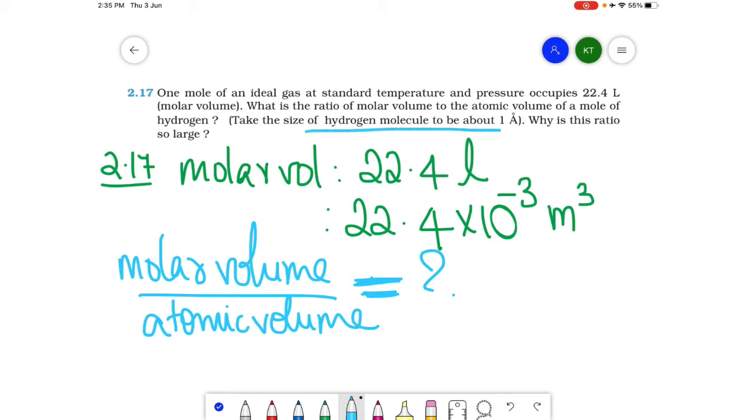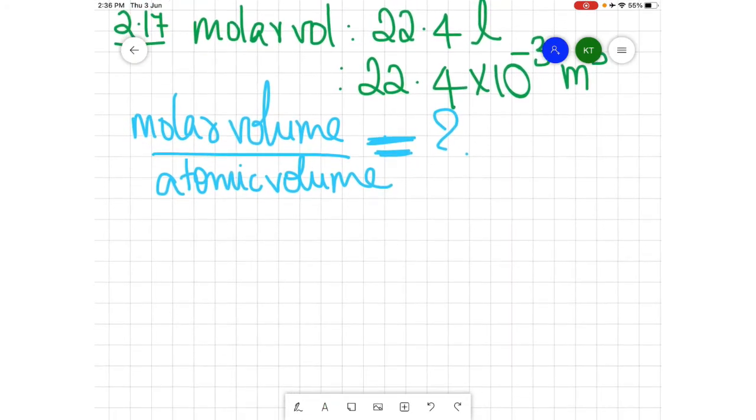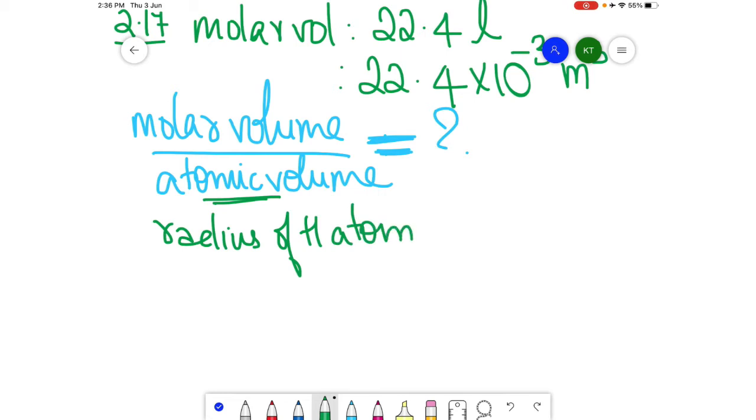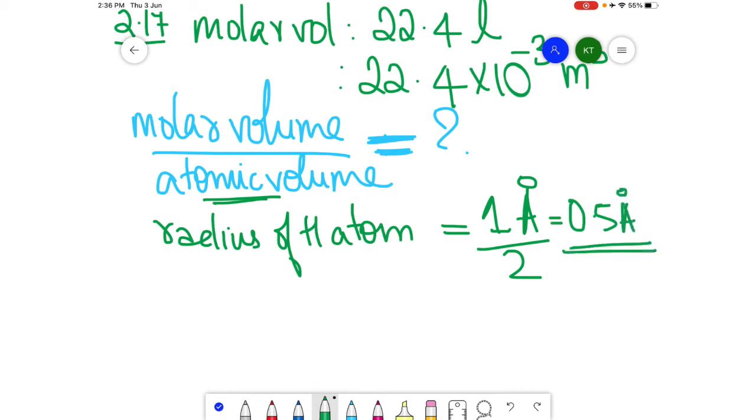Size of a hydrogen atom is 1 angstrom. Why is this ratio so large? The atomic volume can be found like in 2.16, where we solved it with the same steps. Here the radius of the hydrogen atom is 1 angstrom divided by 2, that will give us 0.5 angstrom.